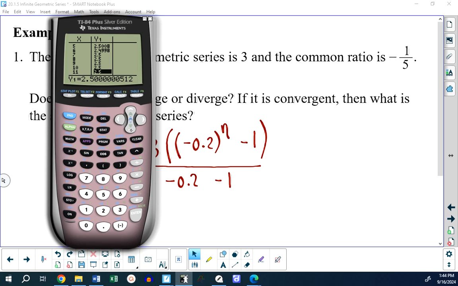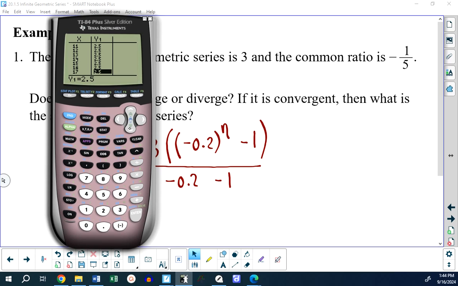It even says 2.5 there, but sooner or later my calculator is going to give out and say, it's 2.5. It's not. If we could show more decimal places, we would discover that it goes from being a little bit less than 2.5, and here it's probably 2.5000000001 or something. So this is convergent.